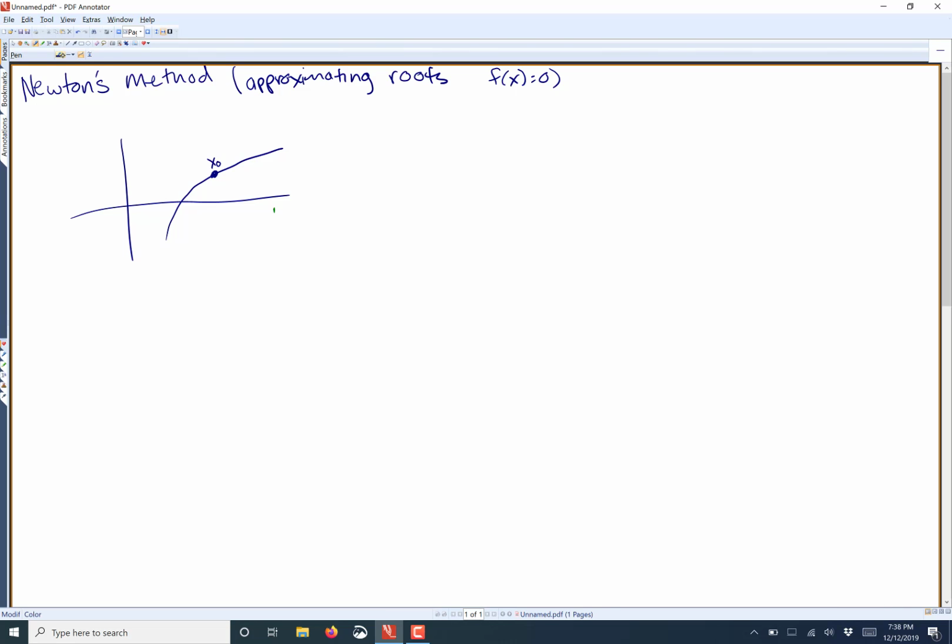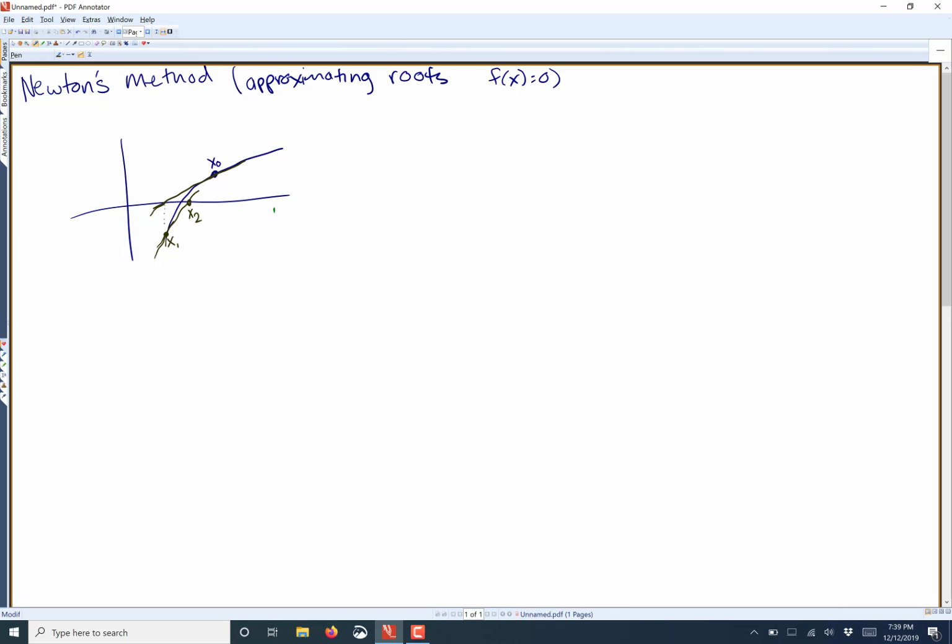Then we know that's not going to be exactly right, so we draw the tangent line. Wherever that tangent line crosses, that x coordinate is our x1. Then we try again. Wherever that tangent line crosses, that's our next guess.